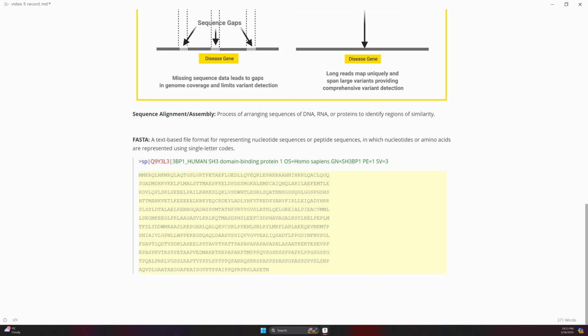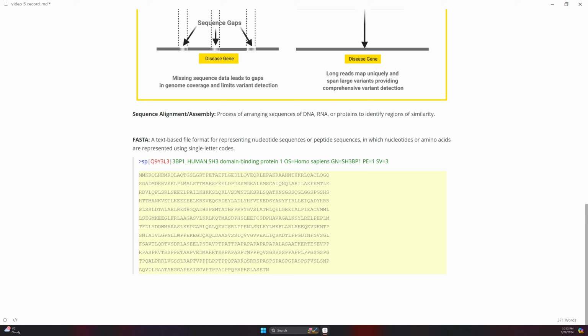The first line is the title line. The title line gives information about this protein or gene. There are 3 parts to it, divided by the vertical line. The first part here shows SP, meaning Swiss-Prot, which means this data is from a database called Swiss-Prot. And then it has a UniProt ID number. This number is uniquely assigned to a protein.